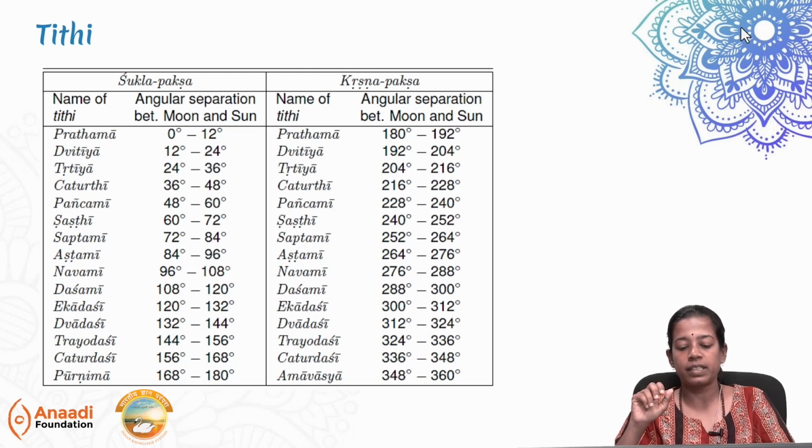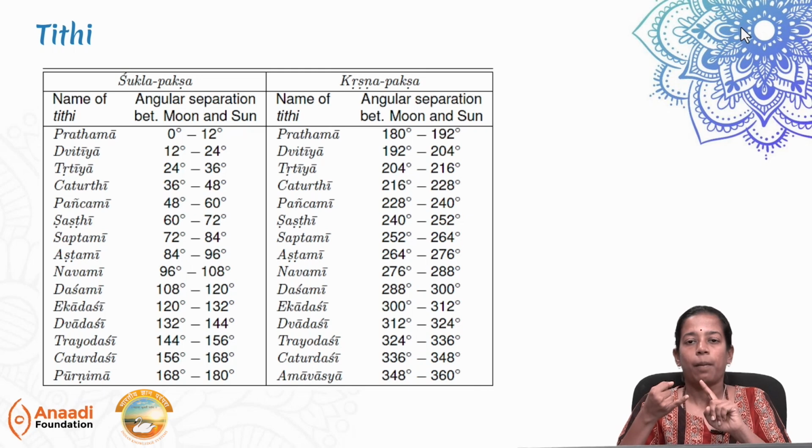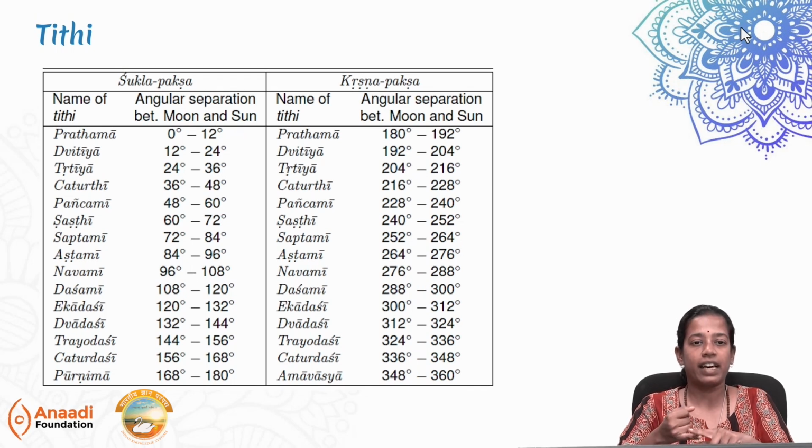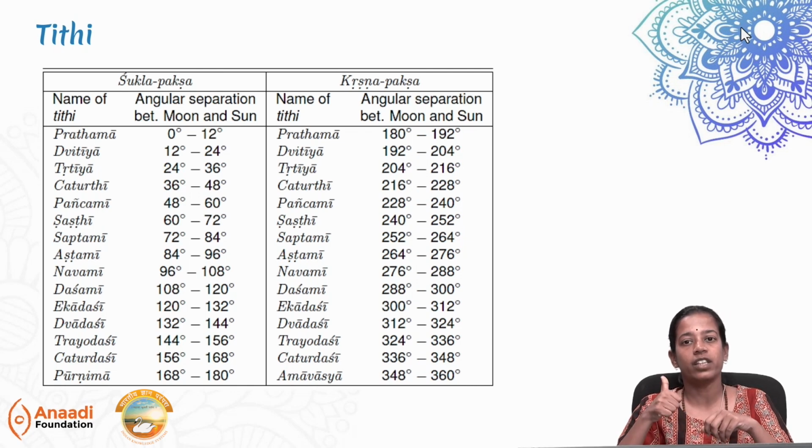So what happens? We will try to name the tithis once: Pratama, Dvitiya, Tritiya, Chaturthi, Panchami, Shashti, Saptami, Ashtami, Navami, Dashami, Ekadashi, Dvadashi, Trayodashi, Chaturdashi, ending with Purnima.